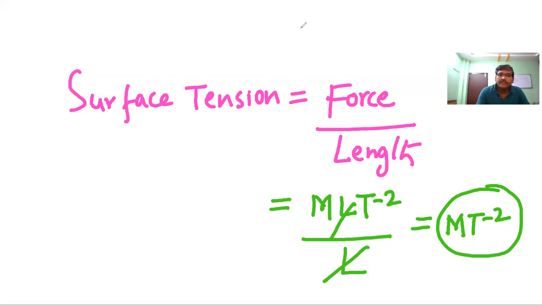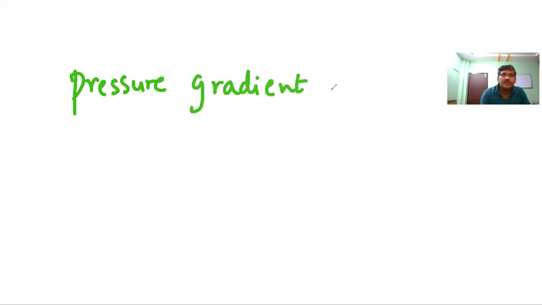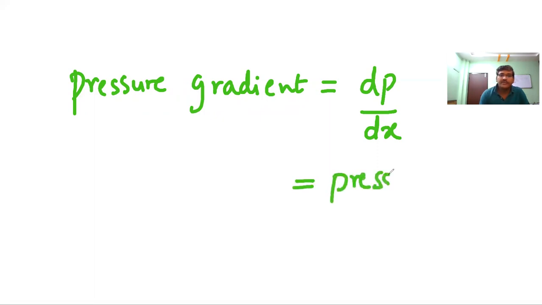Let me take up another one, pressure gradient. This pressure gradient is simply defined as the change in pressure within a certain distance or unit length, dP by dx. Simply, we can define it as pressure by the length.